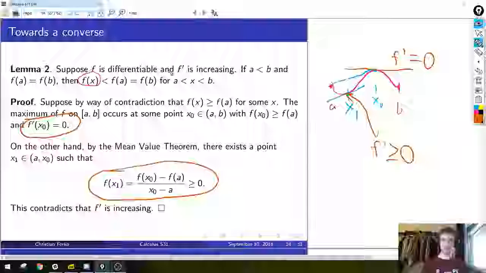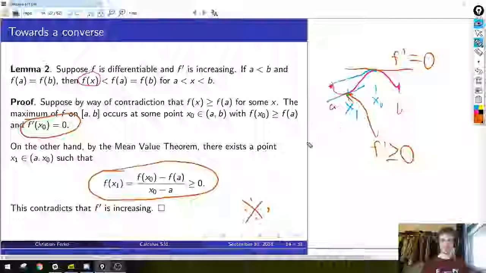That's a contradiction because we've been told f prime is increasing. So the tangent line slope must get bigger going from x1 to x0. Strictly bigger. Has to get bigger. That's not what happened in this picture. In this picture, the tangent line slope got smaller. It went from a positive slope to 0 slope. So that's the contradiction, because we assumed in the theorem statement that f prime is increasing.